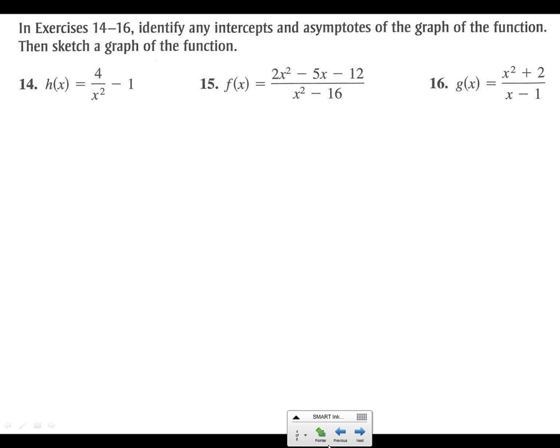All right, 16. Let's go ahead and factor. Nothing to factor on top, and nothing to factor on bottom. So we're in business. Domain: x cannot equal 1.